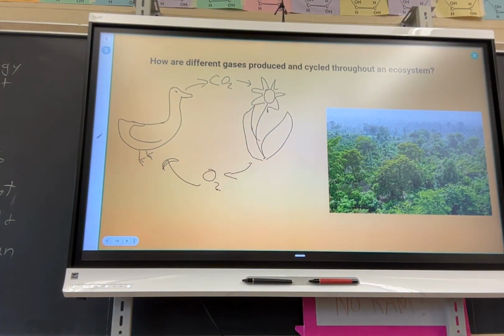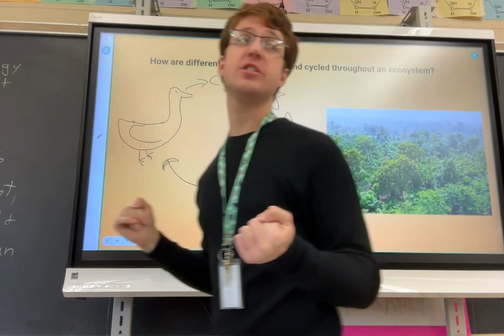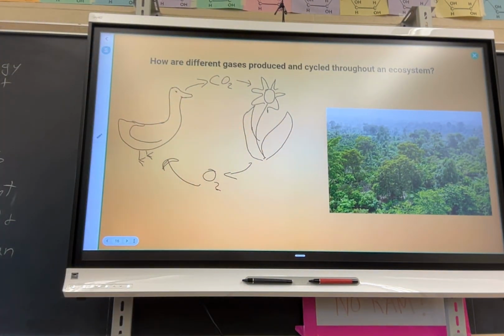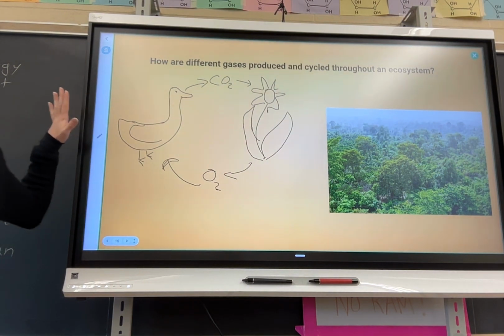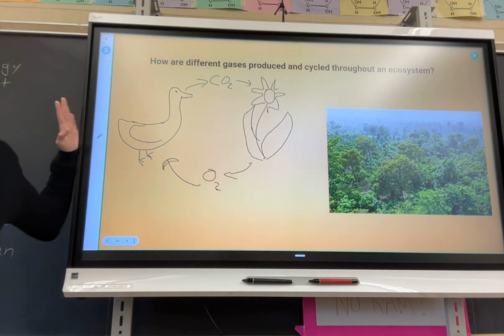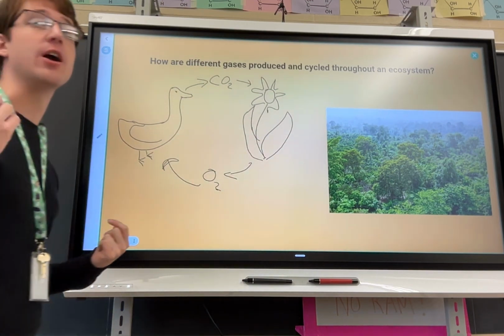So finding that balance is something that we are trying to do a lot more recently. Any questions about this? A lot of you, especially if you want to go into the environmental science field, may be working with this kind of stuff, like forest conservation, sustainability. That is all going to be very important.